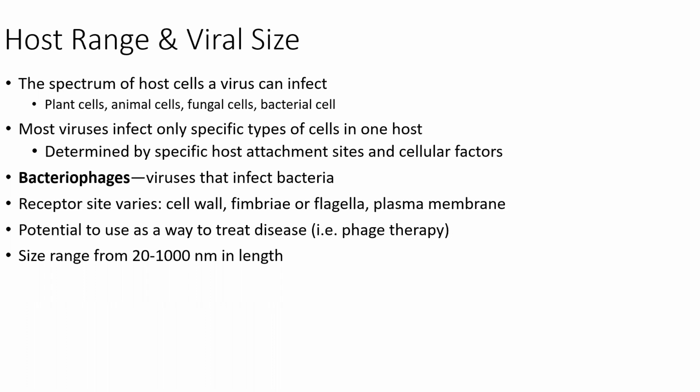And so they essentially trick the host cell into thinking that they are something the cell needs. And so the viruses are able to attach to these host cells and then, as you'll learn in future videos, gain entry into the cell one of a variety of ways. So the virus has a protein that is specific to a receptor found on the host cell.